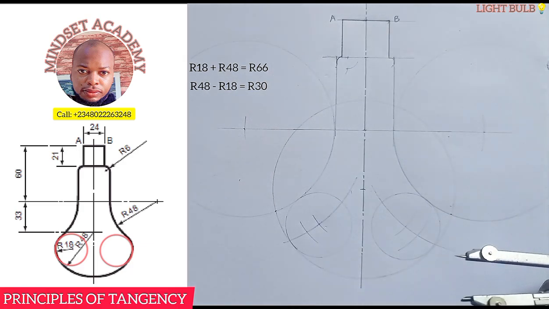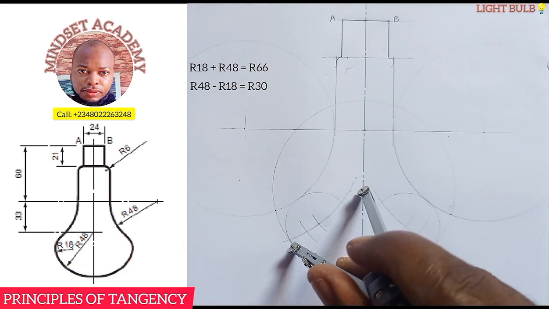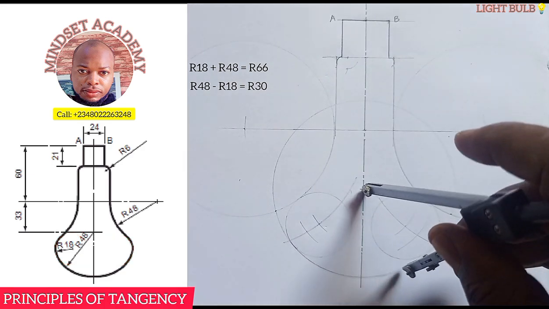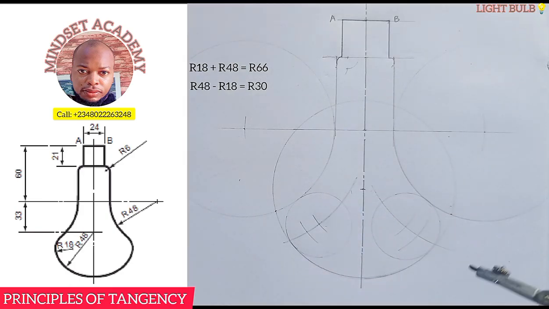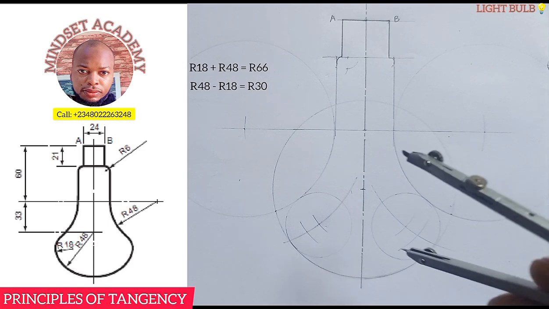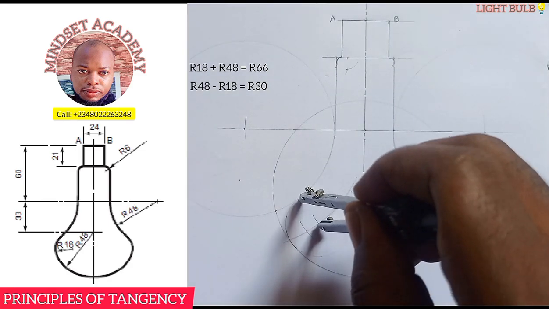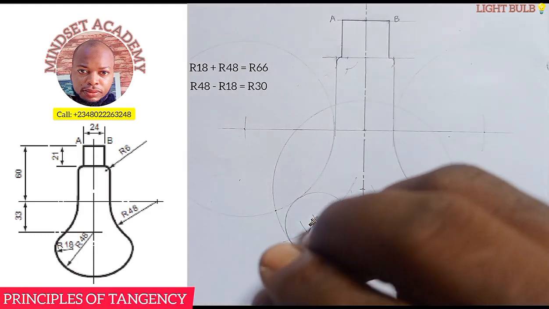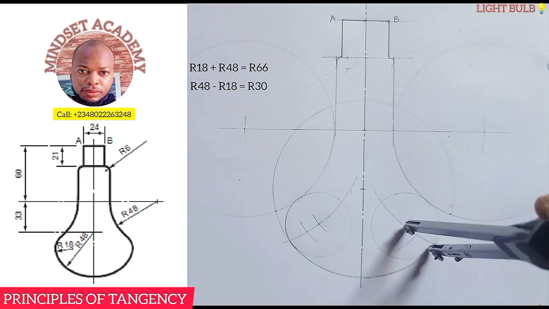So if I want to complete this now, just place your compass here. Then I can tick in this. Right? Then I'll place the compass here and I'll tick in this. And I'll place the compass here and I'll tick in this.